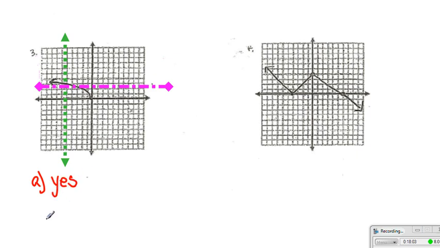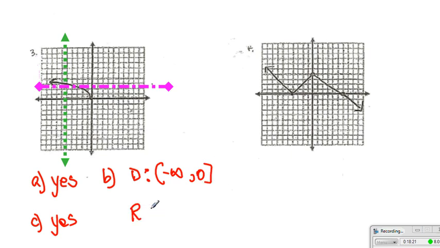Since it passes through both, it is 1-to-1. Domain seems to be values of x from 0 and below, so -infinity to 0. Range, on the other hand, goes down as low as 0 and as high as infinity. It seems an ever increasing function.